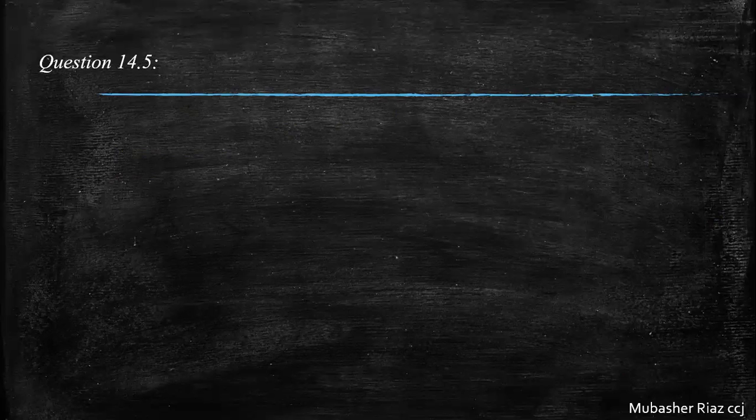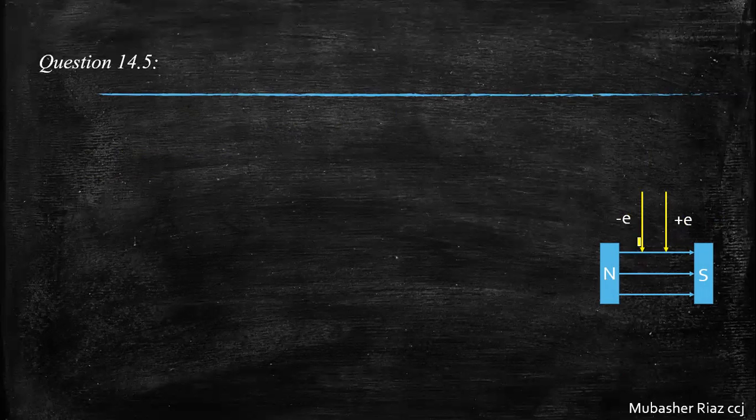So if they move in different paths after passing through that uniform magnetic field, then what can you say about those charges? So this is the situation. There are two charged particles, electron, positron, and proton, and they are moving perpendicular to this magnetic field.